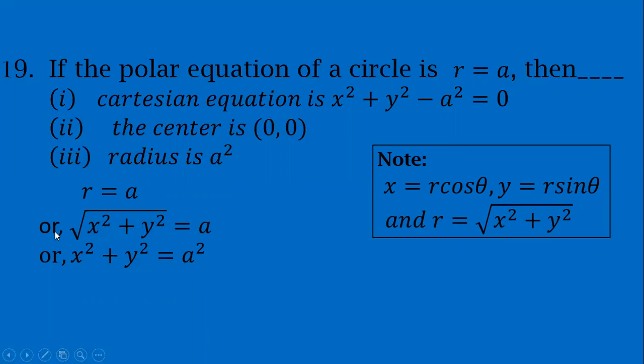So this is the equation of a circle. x² + y² - a² = 0. So the first option is correct. Now the center of this circle is (0, 0), so option 2 is also correct. But what about the radius? The radius is a here, but in this option it is given as a². So the third option is wrong.